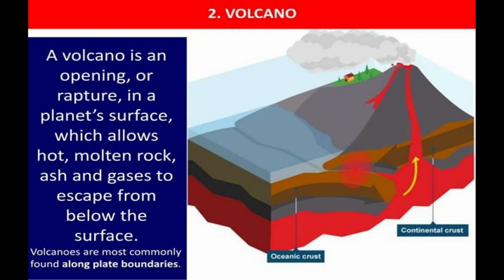The best example of a convergent tectonic plate boundary is the Pacific Ring of Fire, and the best example of a divergent tectonic plate boundary is the Mid-Atlantic Ridge. Volcanoes can also form in places where the Earth's crust is subjected to stretching and thinning, such as in the African Rift Valley.